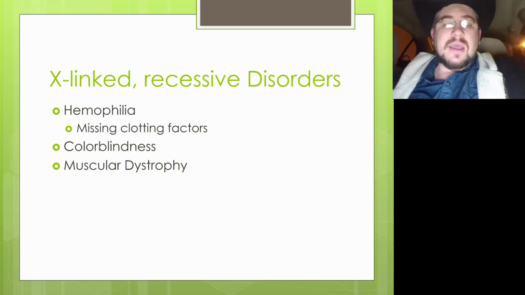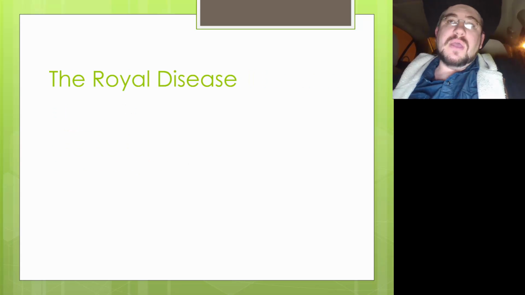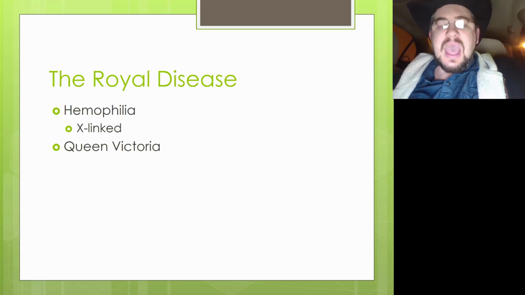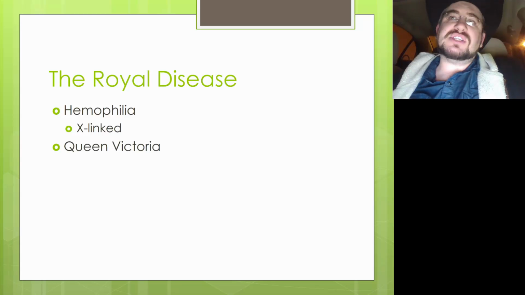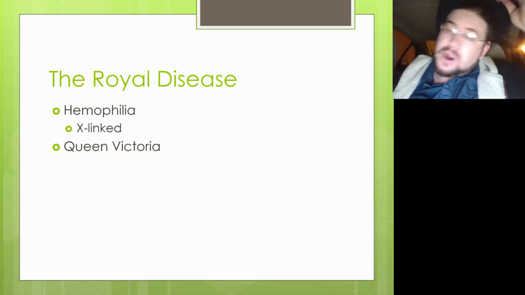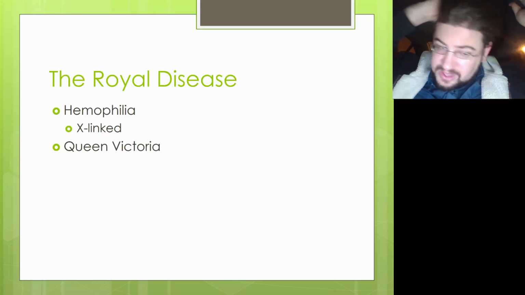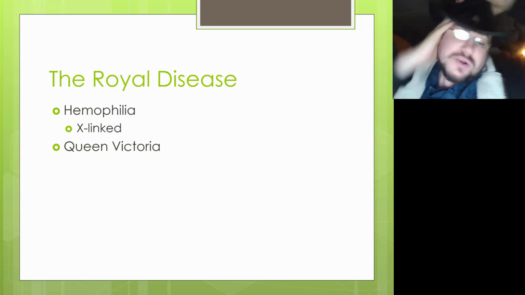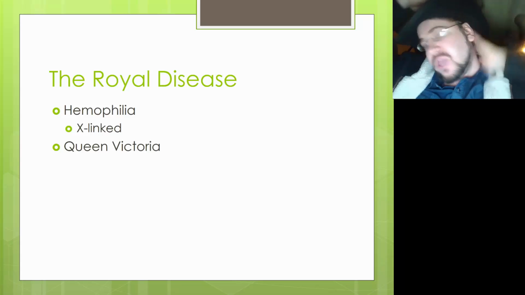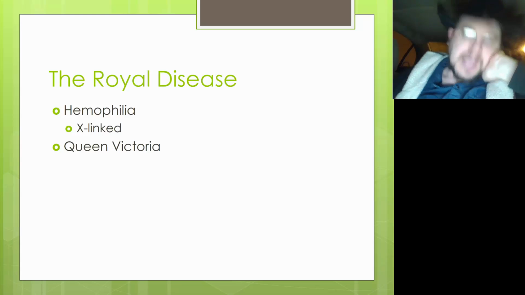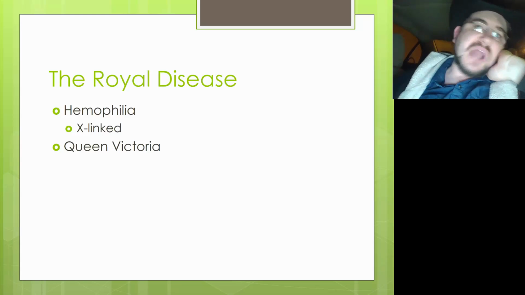So, hemophilia is cool. It was once called the royal disease. It's X-linked, and Queen Victoria had children that expressed hemophilia, right? Her husband did not have hemophilia, and Queen Victoria herself was a carrier of hemophilia. So she actually did not show the disease very much.